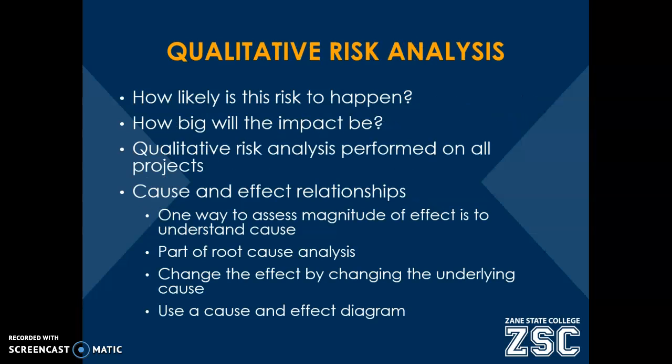Qualitative risk analysis is the more common type of analysis. Essentially, we just try to describe on a spectrum how likely a risk is to occur. Is it unlikely, somewhat likely, very likely? There's not a lot of numerical weight applied to this.